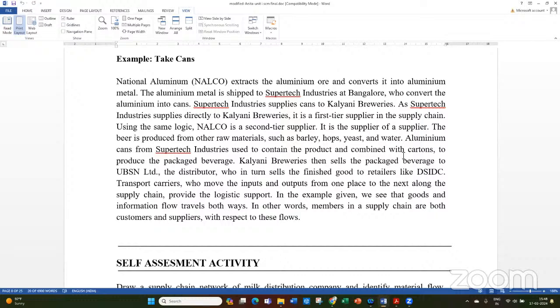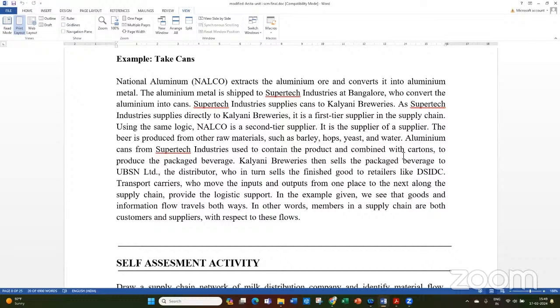The movement of material is going to be part of the supply chain with the partners.